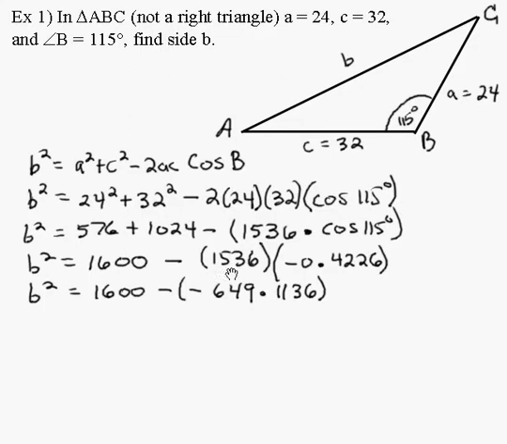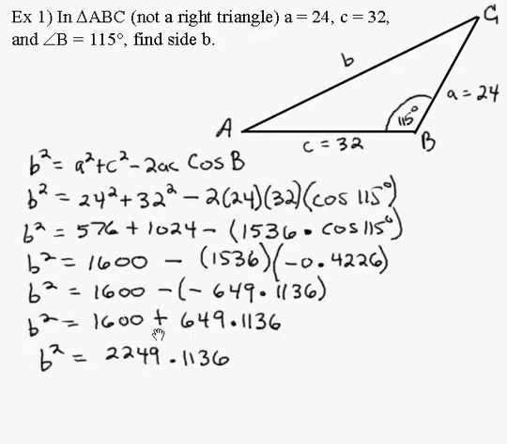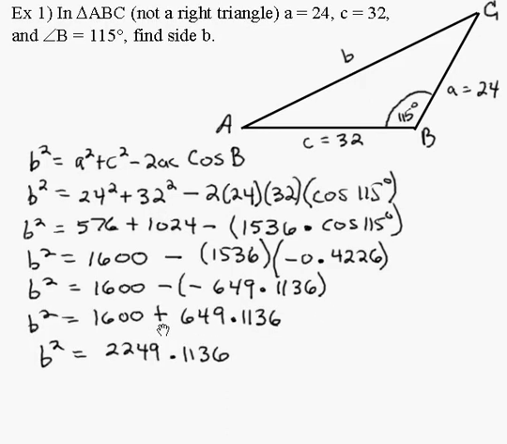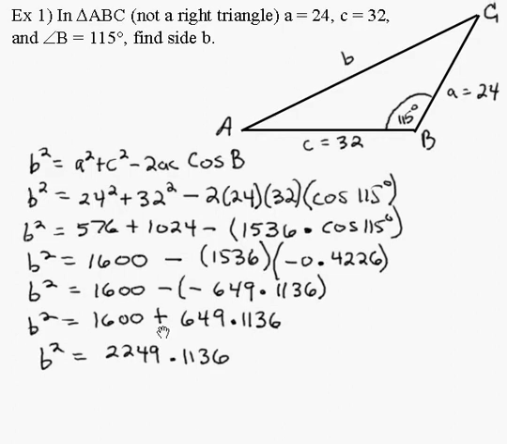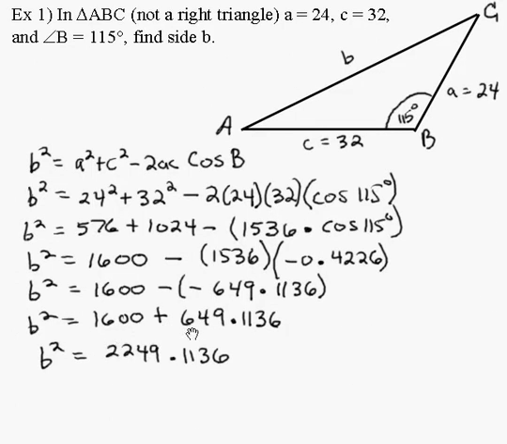So to multiply 1,536 times negative 0.4226 gives me negative 649.1136. And when I'm subtracting a negative, that is the same as adding a positive. And we add those 2 numbers together, 1,600 plus 649.1136, we get 2,249.1136. But that is b squared.